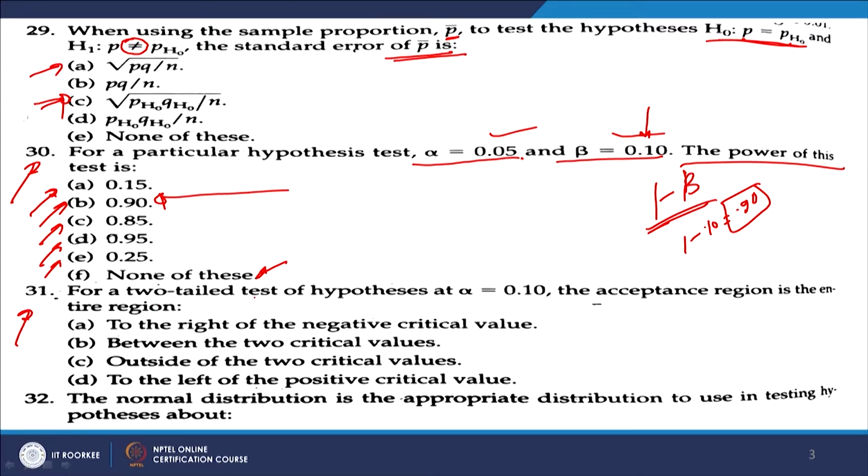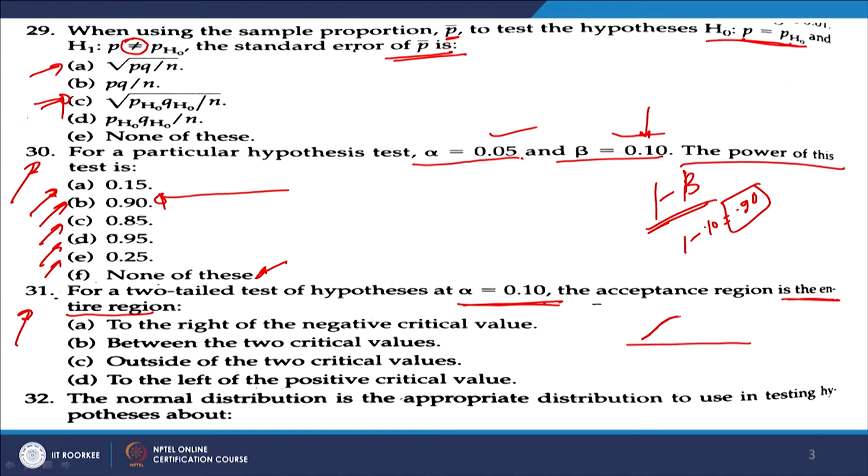For a two-tail test of hypothesis at alpha equal to 0.10, the acceptance region is the entire region to the right of the negative critical value. Let us first draw how the distribution would look for this question.